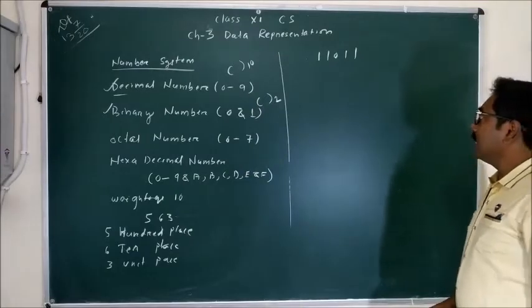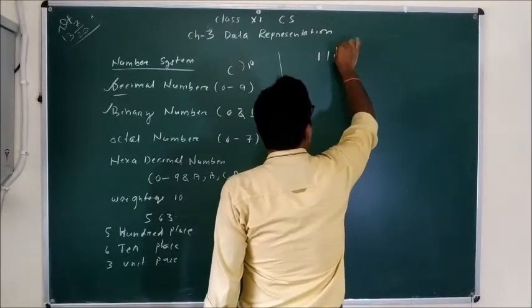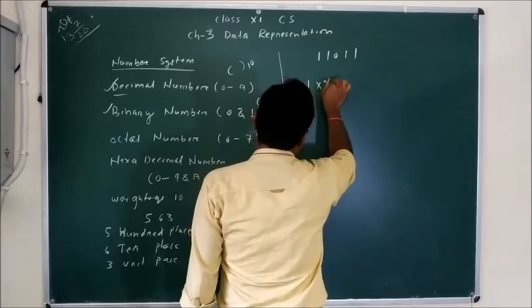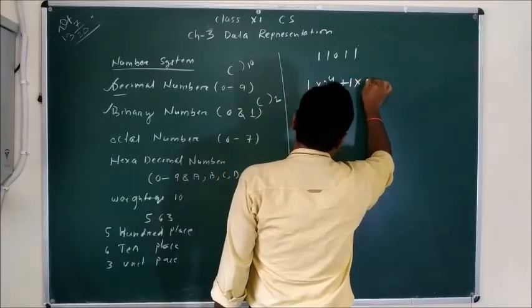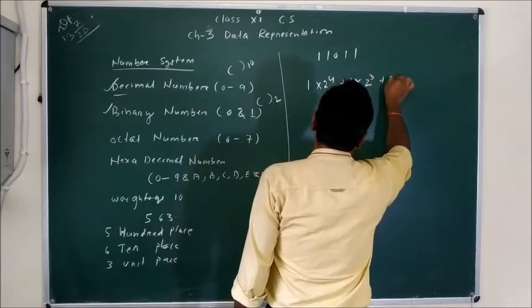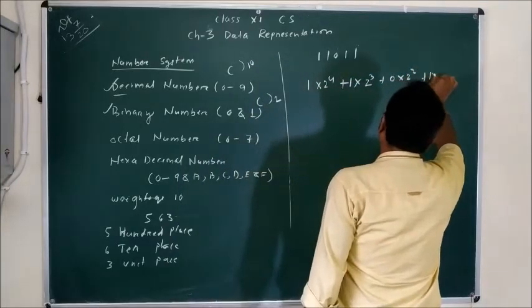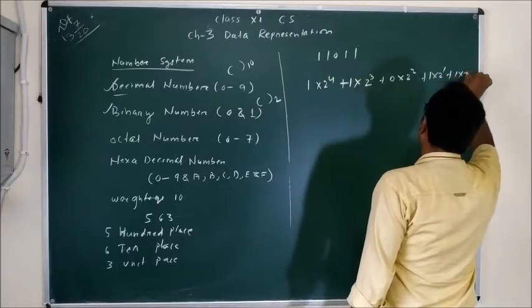Then what happened here? The positions are 0, 1, 2, 3, 4. That means 1 into 2 to the power 4 plus 1 into 2 to the power 3 plus 0 into 2 to the power 2 plus 1 into 2 to the power 1 plus 1 into 2 to the power 0.